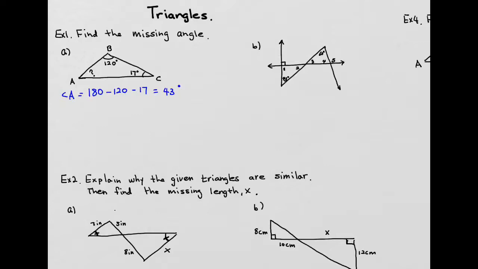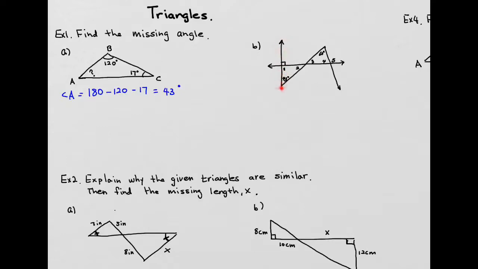What about the second one? Again, it looks like we have been given two angles, 43 degrees and 60 degrees right there. So then this is going to be a triangle right there. Because this is 90 degrees, angle 1 is also going to be 90 degrees, right?